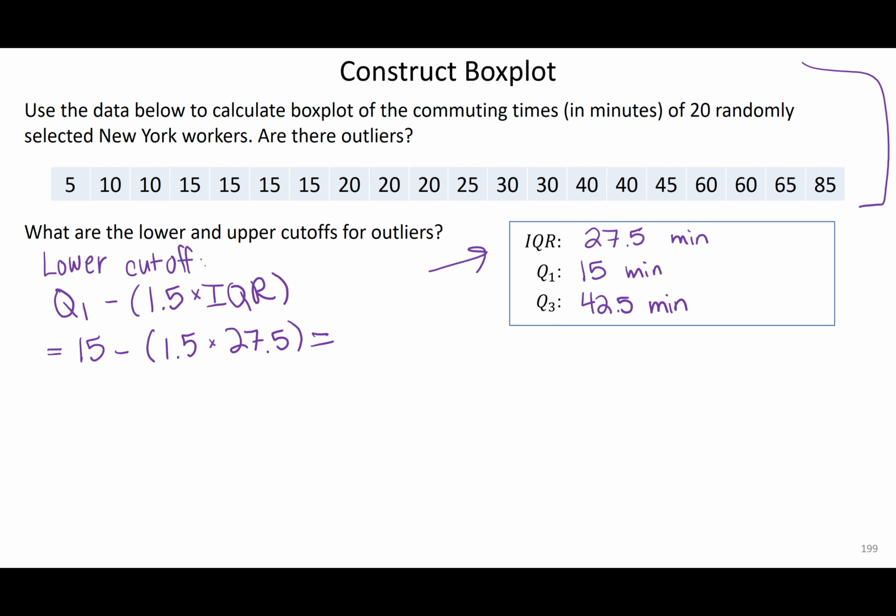I get negative 26.25. Unless they have a time machine and it takes a negative time to get to work, which isn't possible to my knowledge, we're basically going to say people who took less than 0 minutes will be a low outlier. The shortest amount of time it took anybody was 5 minutes. We're not going to have any low outliers, so no low outliers.